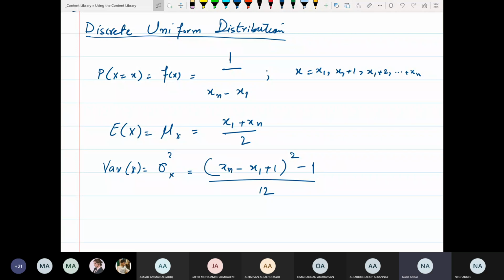Let me give you an example of a discrete uniform random variable. Let me go to your book and pick a question. This is section 3.5, by the way. This is example 3.14 on page 101.